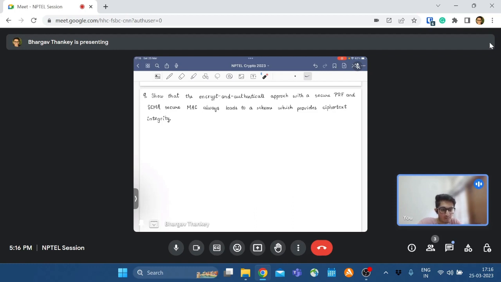But what we'll see in this problem is that the encrypt and authenticate approach, when used with a secure PRF, or a strongly secure MAC, would always give us a scheme which provides ciphertext integrity. Recall that for a scheme to be an authenticated encryption scheme, it has to have CCA security and it must provide ciphertext integrity. So in this problem, what we'll show is that the encrypt and authenticate approach, while it might not provide CCA security, does provide ciphertext integrity.